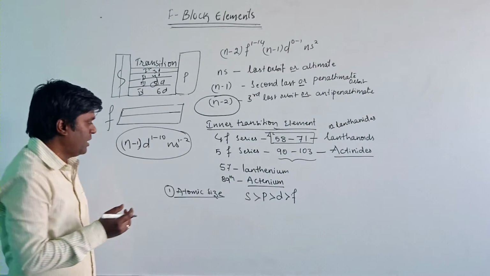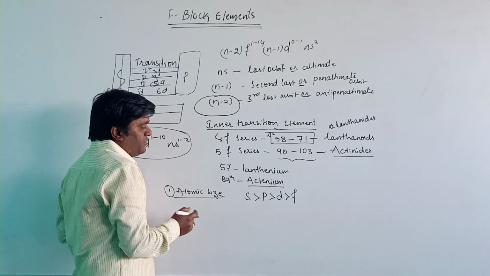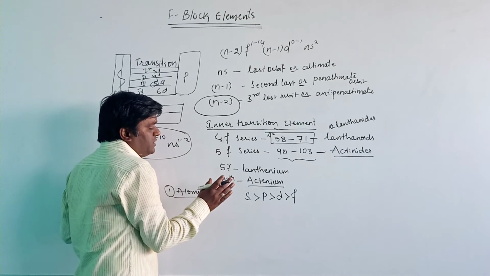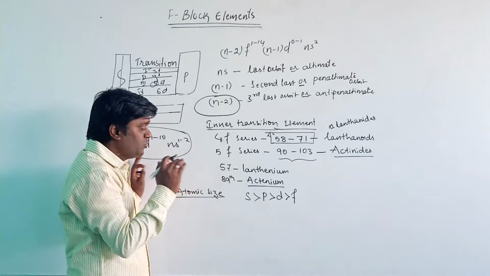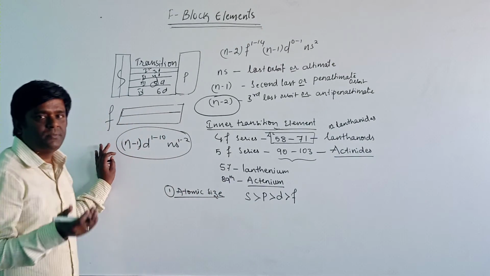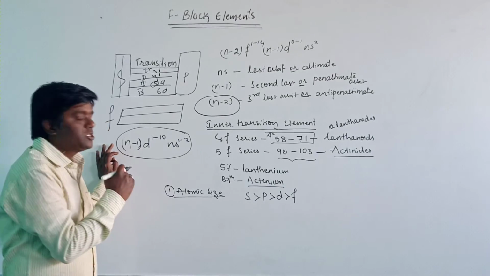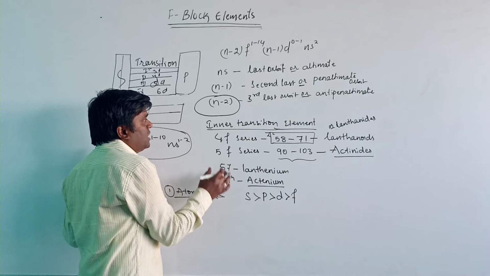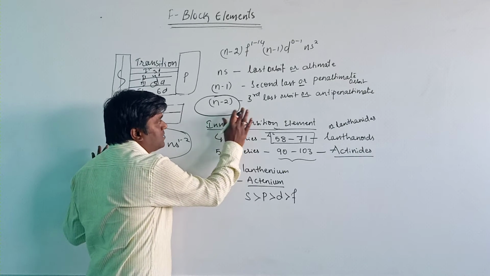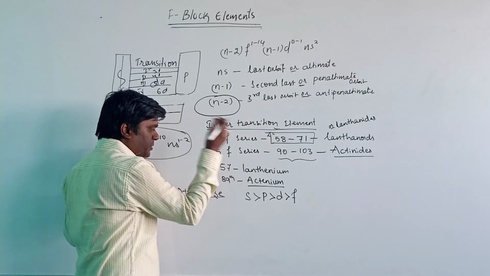Therefore, the screening effect will be less dominant compared to the nuclear charge. That is, nuclear charge will be dominant over the screening effect in the F block elements, because the last electron enters the third last orbit.